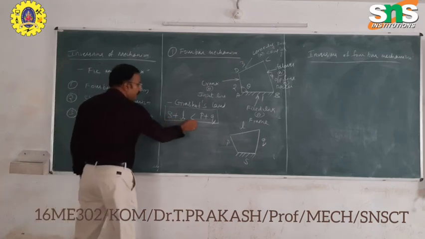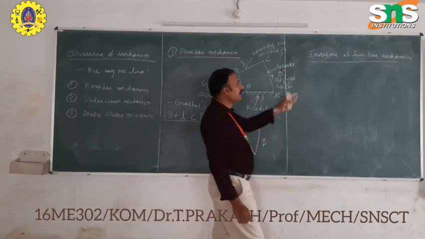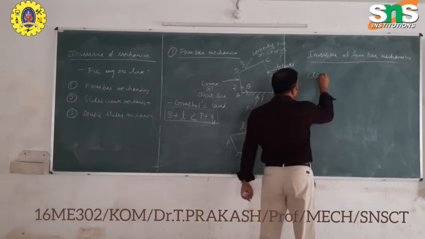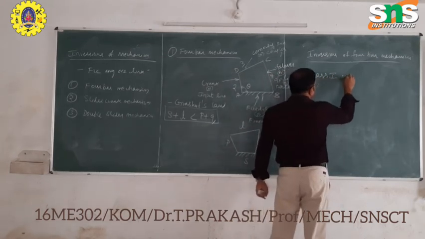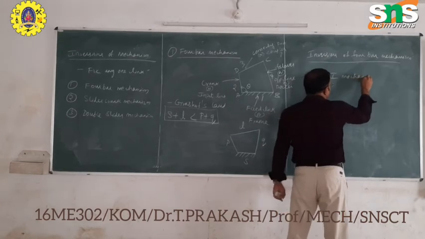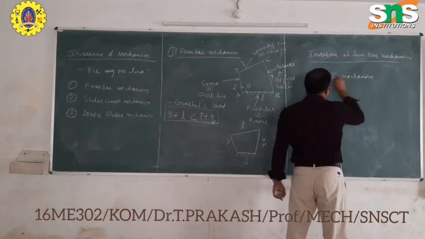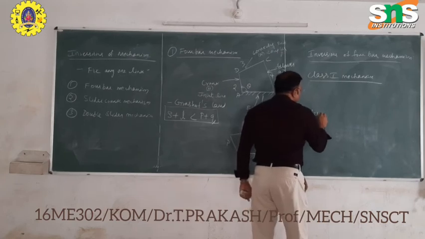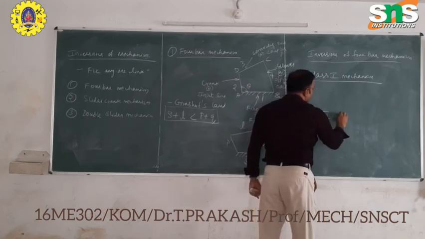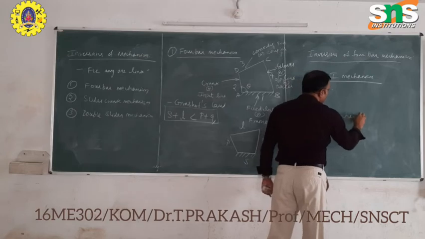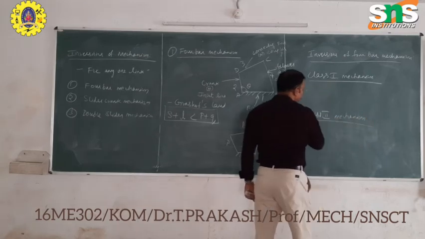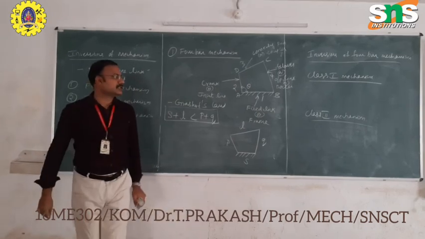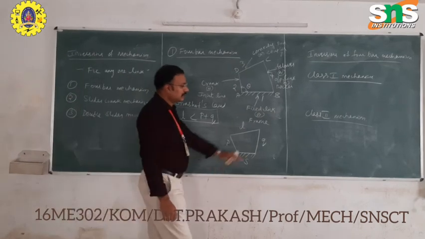This Grashof's law is very important. By using Grashof's law, we form different classes of mechanism: the class 1 mechanism and the class 2 mechanism. Based upon Grashof's law, we can classify the inversion mechanism or the 4-bar mechanism into two categories, class 1 mechanism and class 2 mechanism.